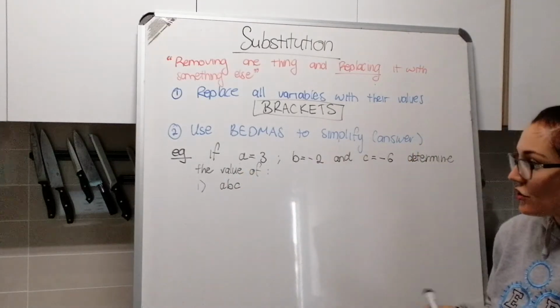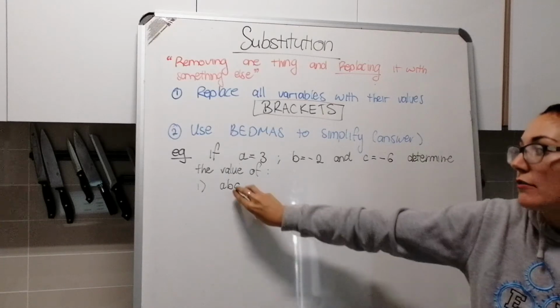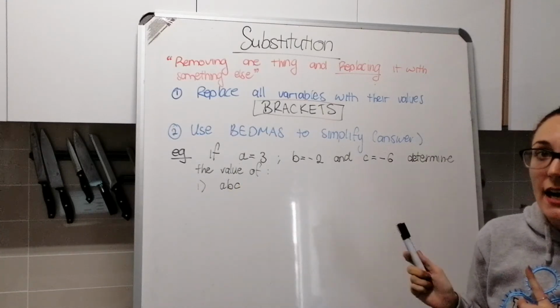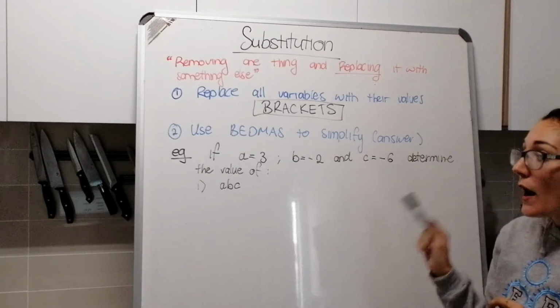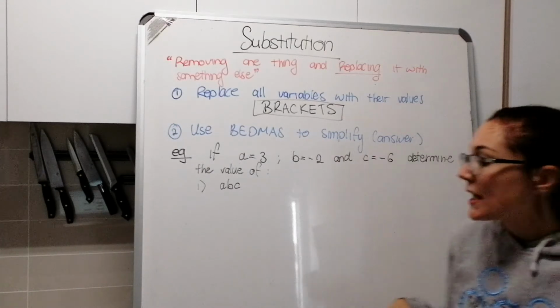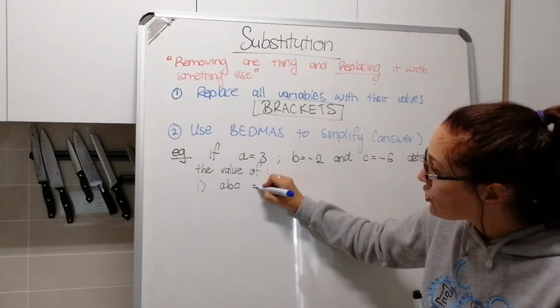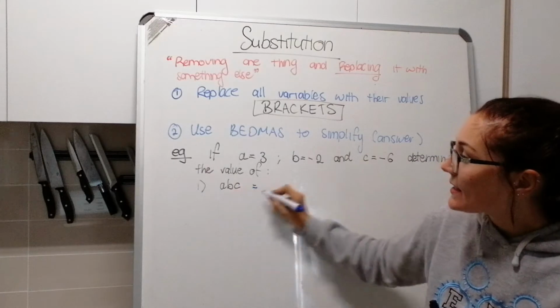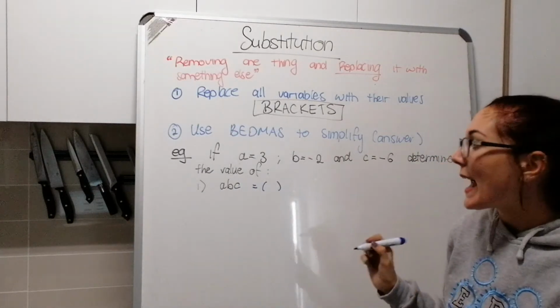Okay, so that ABC, remember when you have letters written right next to each other like that, it actually means times. That means A times B times C, which is, you'll see now, why it's so important to include the brackets when you substitute. Okay, so let's go and do our substitution. Where we see an A, instead of A, we're putting brackets, and with the value that A is.